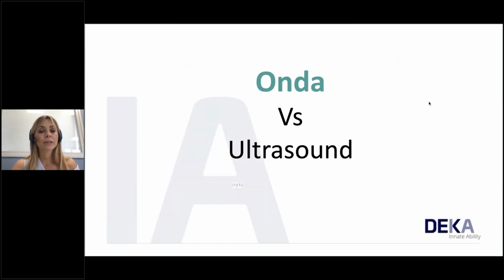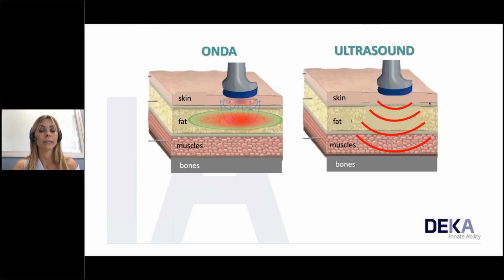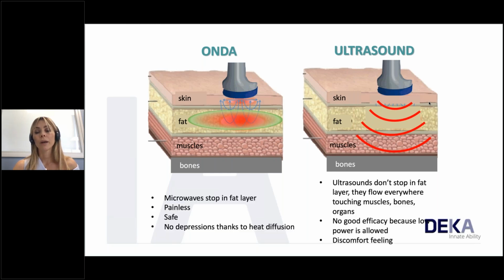Let's see the comparison with ultrasound. Ultrasound is able to heat the fat, but in reality it is able to go over, so to heat muscles, to heat bones. So we normally have to use low power, otherwise the system could be dangerous.